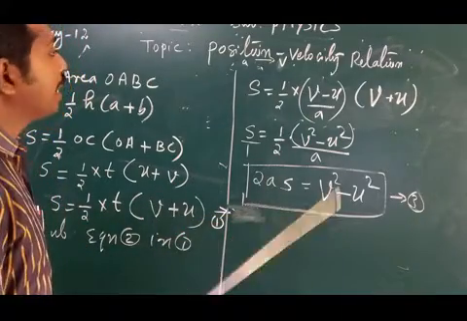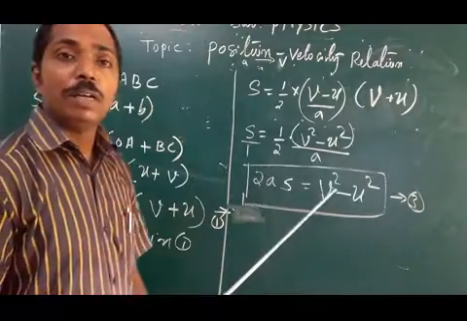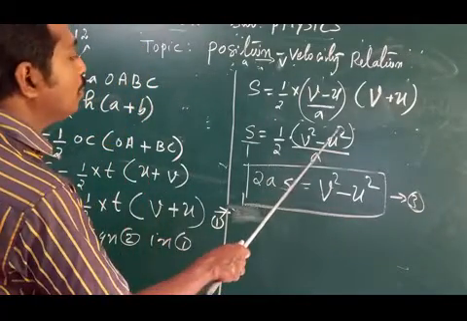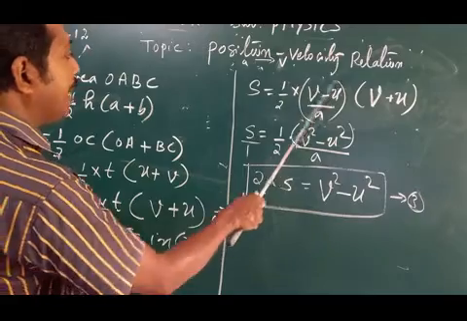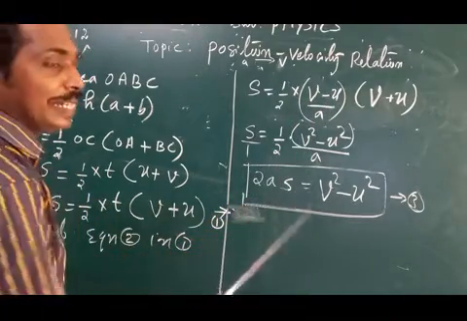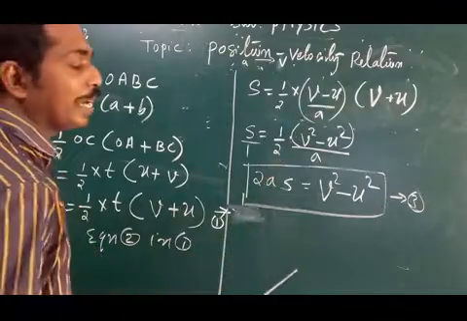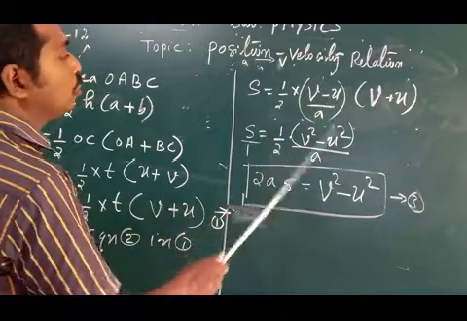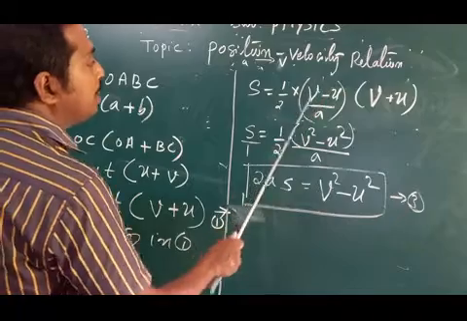Then from the equation for isolation, we get time as V minus U by A. This is time only, V minus U by A, because V minus U equal to AT. Then V minus U by A equal to T. Then we have S equal to half into V minus U by A into V plus U. This is which identity?